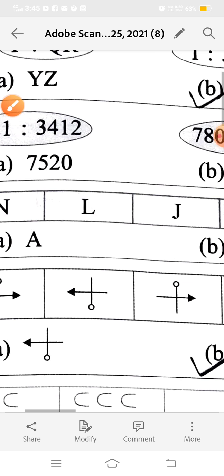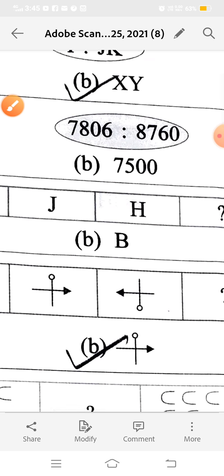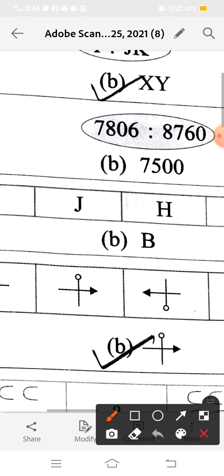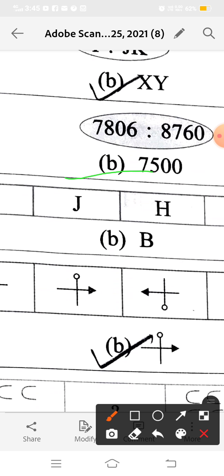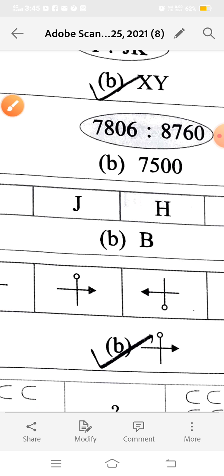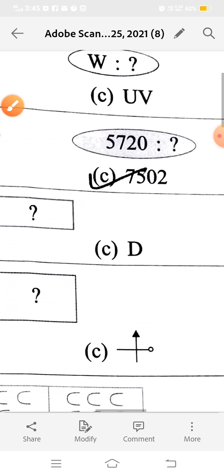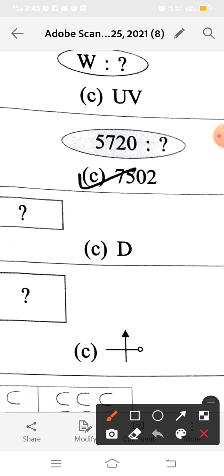So we need to do likewise. The same pattern is here. We will interchange the place of ones and tens.